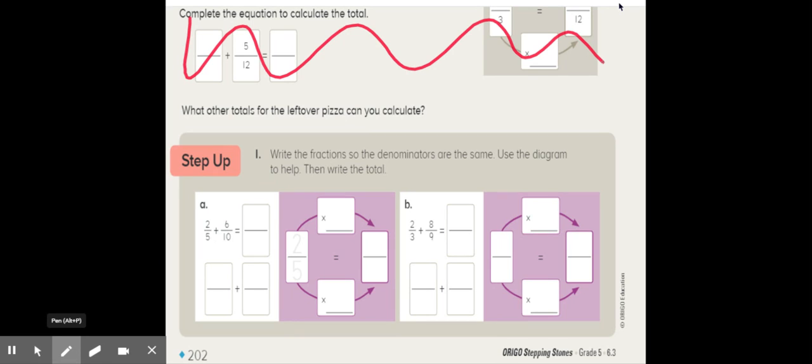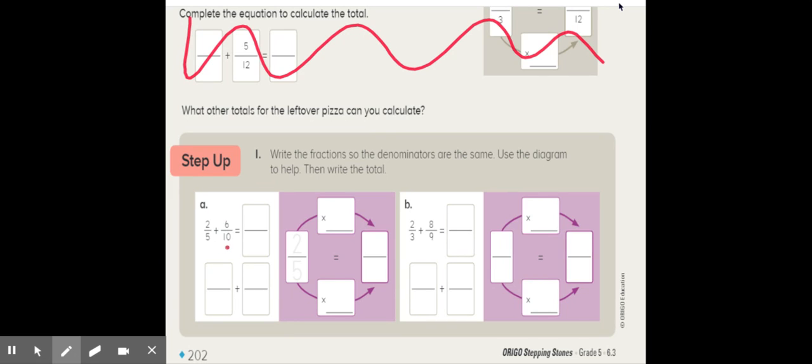All right, so my first step is, number 1, see if my denominators are related. And they're related if one is a multiple of the other. So 10, that's a multiple of 5. So I'm good to follow the steps that we've been talking about.